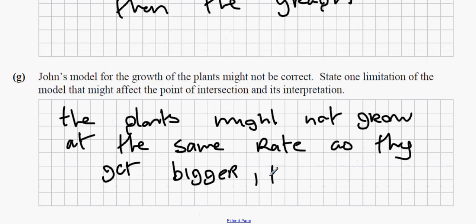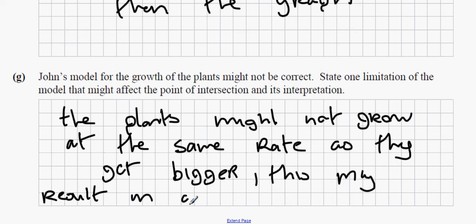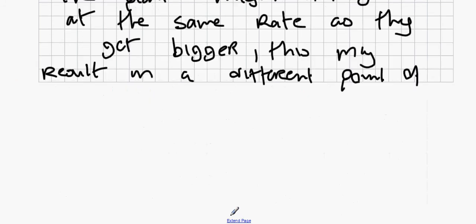This may result in a different point of intersection where they're both the same height, or they may never be the same height, or no intersection at all.